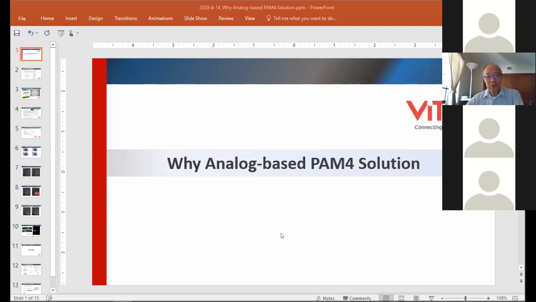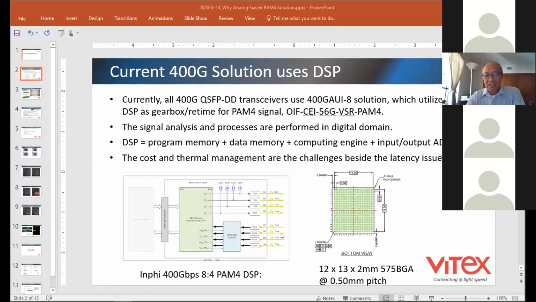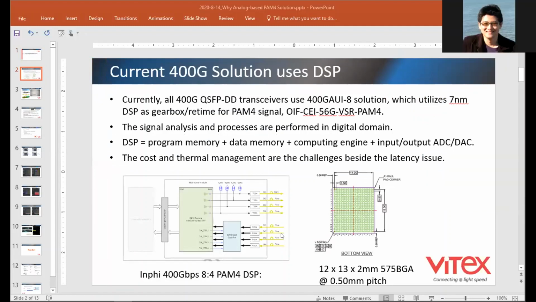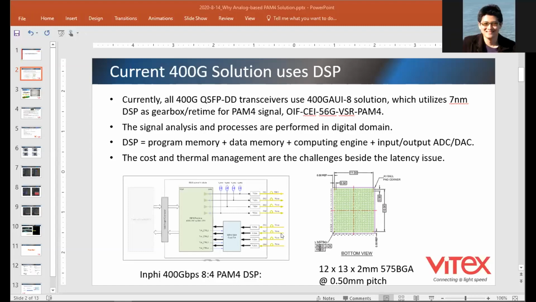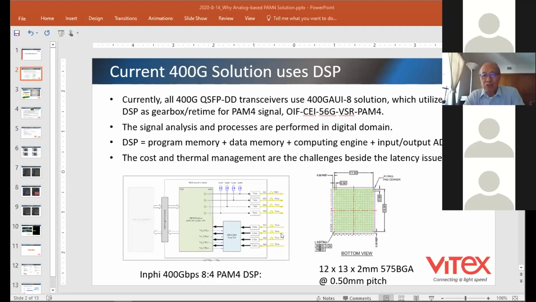Okay, so, sorry. This one, I just want to show you the DSP. This is a very typical DSP configuration. Currently, all the 400G DSP transceivers use a 400G-AUI-8 solution, 8 channels of 26 gigabytes, right?